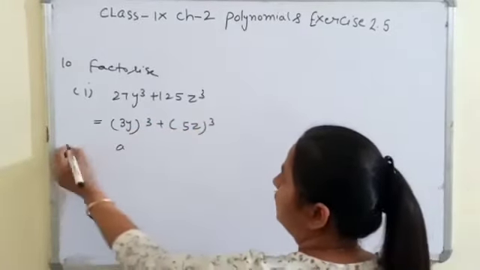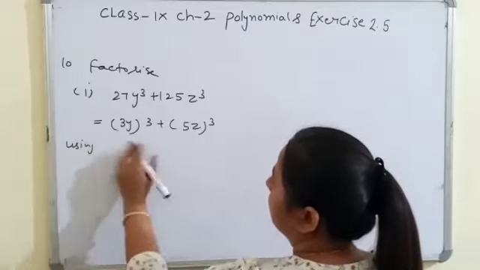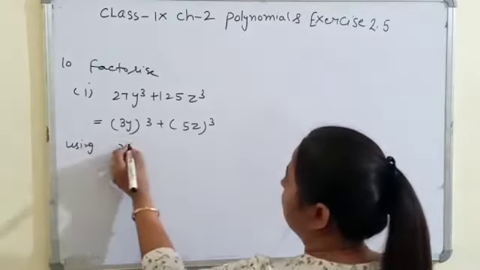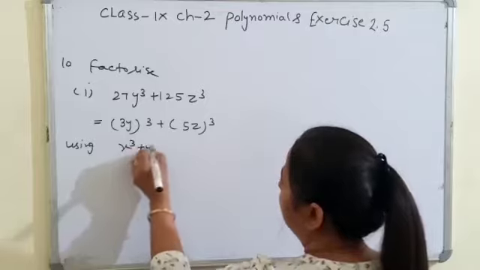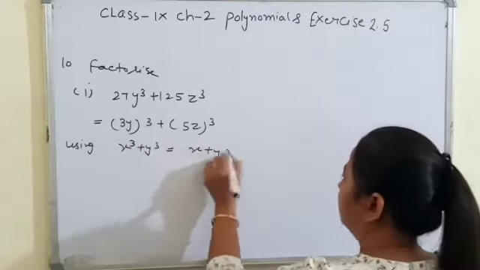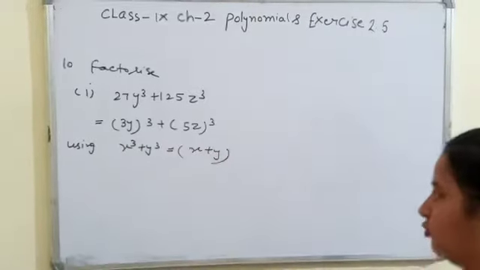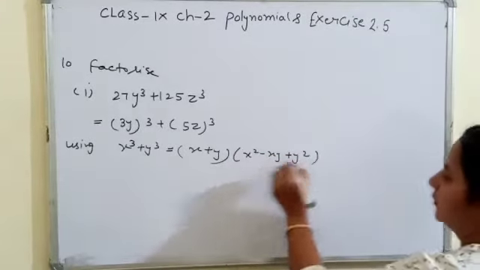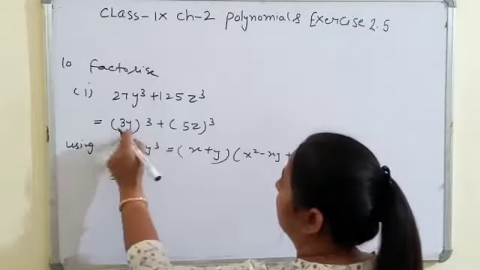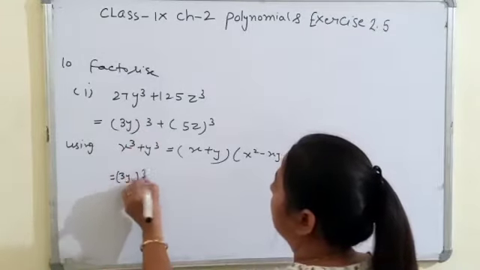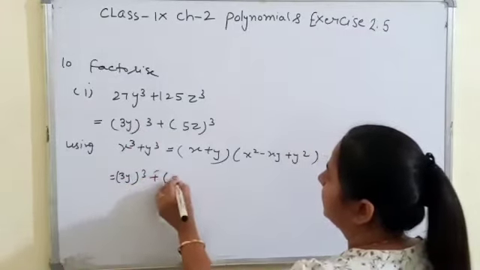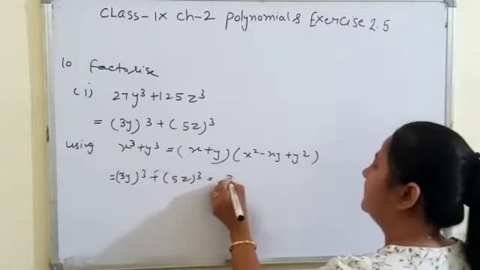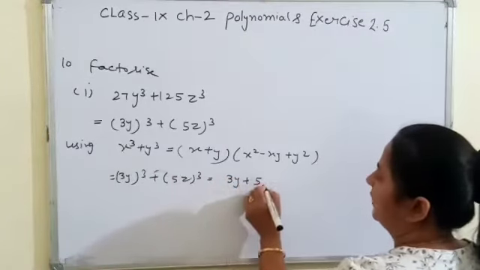So by using, you can take any variable, a or x or y, no problem. x cube plus y cube, but usually we are used to x and y. That's why I am taking this. x cube plus y cube: x is 3y, y is 5z.